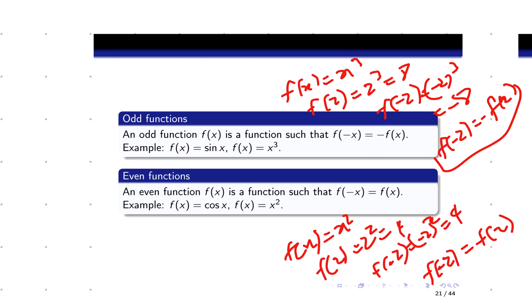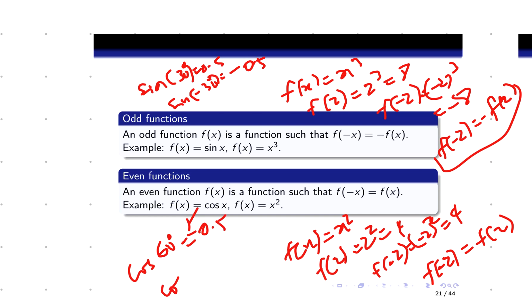So sine is a very good example of an odd function. We know that sine 30 degrees is 0.5, and sine minus 30 degrees is minus 0.5. But when you come to cos, cos 60 degrees is 0.5, and cos minus 60 degrees is exactly the same, 0.5.